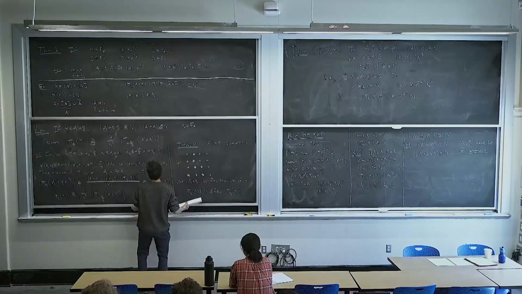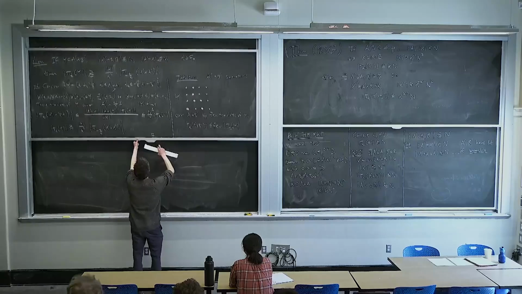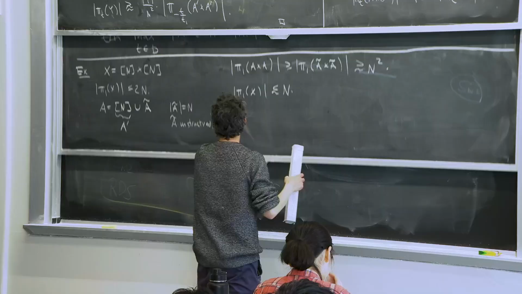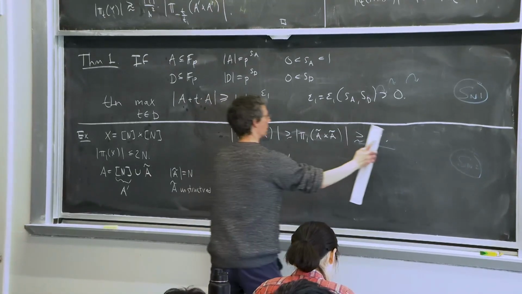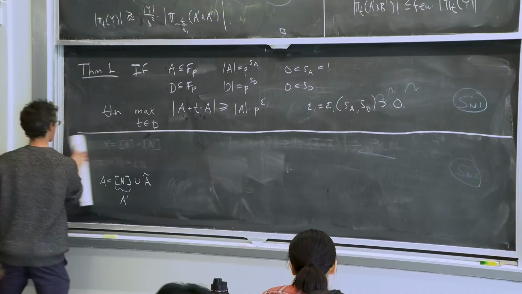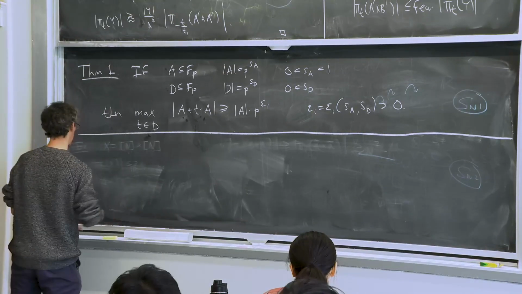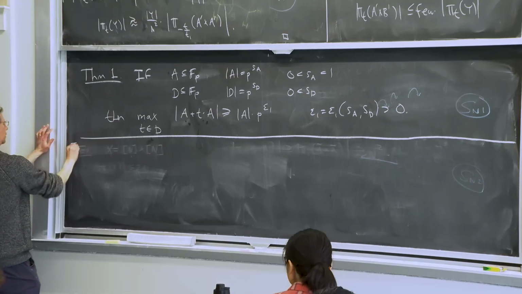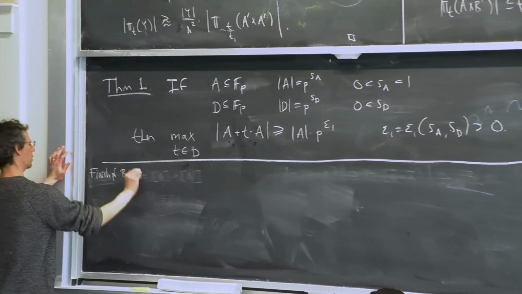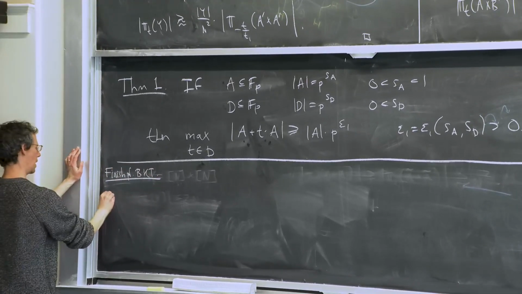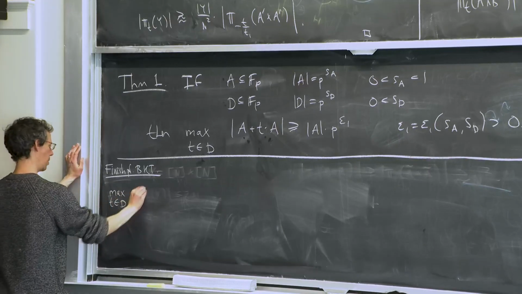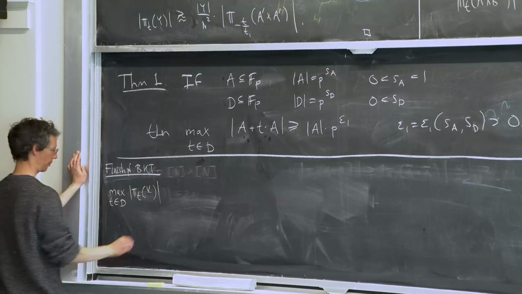So now let's finish the proof of the BKT theorem. We would like to estimate the maximum over t in our direction set of |π_t(X)|.